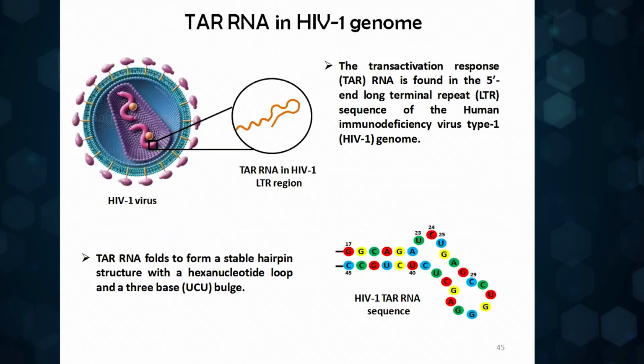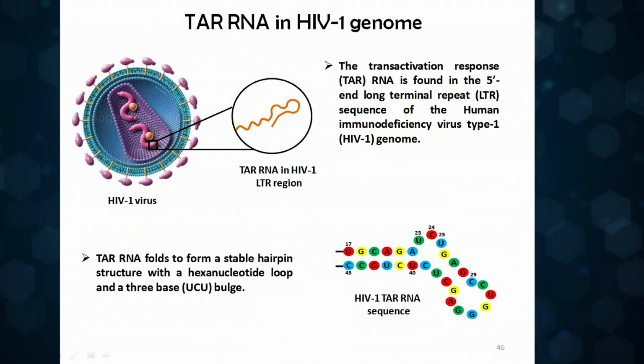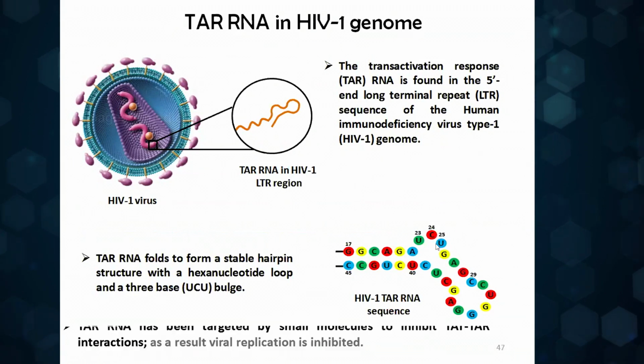template. The TAR RNA, that is the trans-activation response RNA, is found in the LTR sequence of the human immunodeficiency virus type 1, that is HIV-1 genome. And the TAR RNA can fold to form a stable hairpin structure with a hexanucleotide loop and 3 base UCU bulge region.